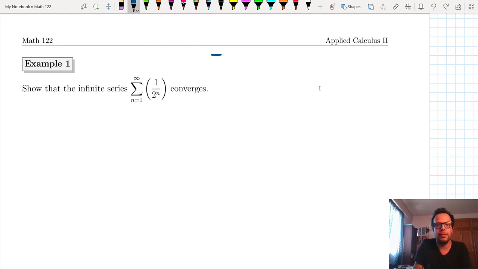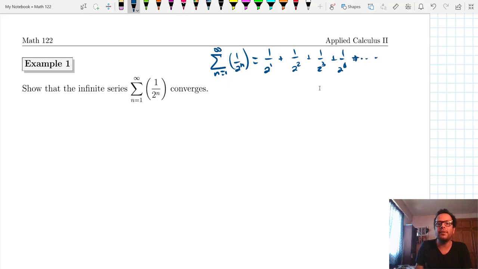So for the series, the sum from n equals 1 of 1 over 2 to the n, I'm going to expand 4 terms: 1 over 2 to the first plus 1 over 2 to the second plus 1 over 2 to the third plus 1 over 2 to the fourth plus dot dot dot.